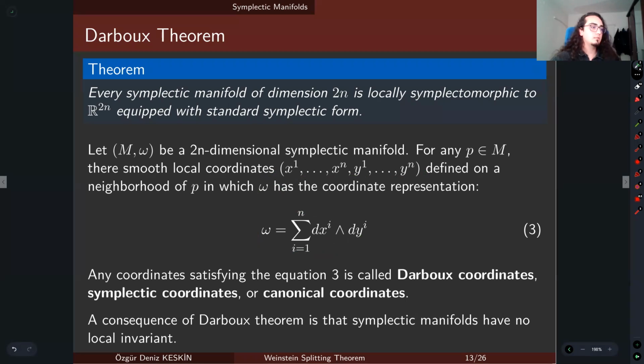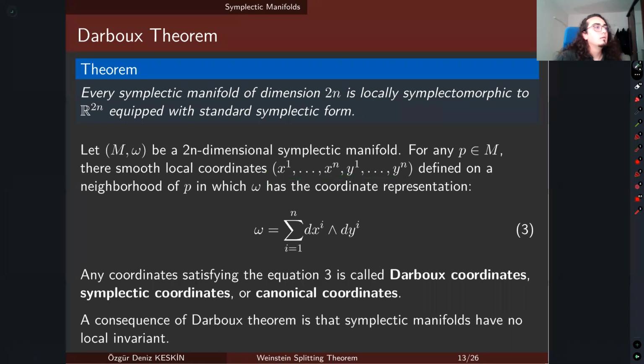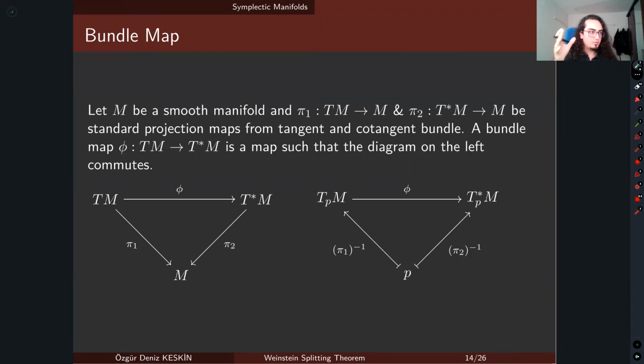As a result of Darboux's theorem, we see that symplectic manifolds have no local invariants. And before the next definition, I want to define a bundle map. Consider a manifold and its tangent and cotangent spaces with projection maps.